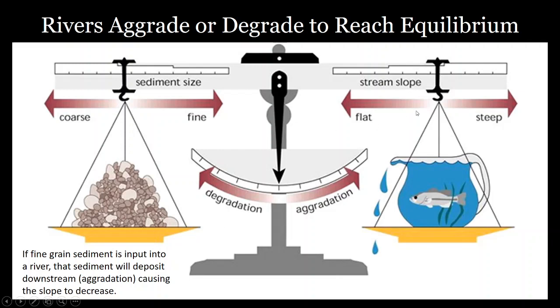As you have maybe a faster stream, for example, then the same process can happen as you have more slope, moving that water faster, and that will in turn cause the degradation to occur, and vice versa with a flattening stream causing more aggradation to occur.